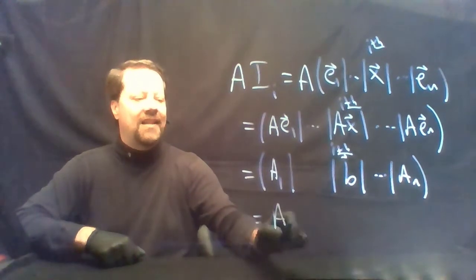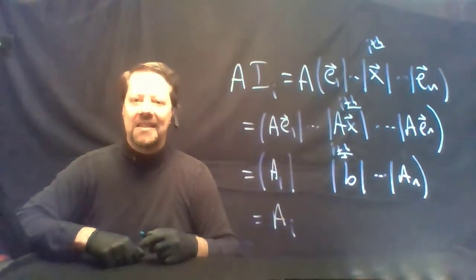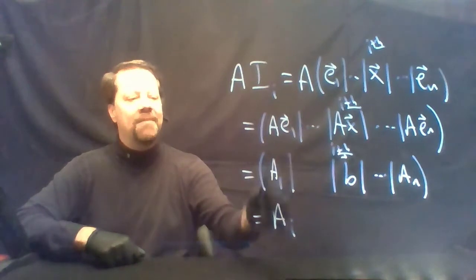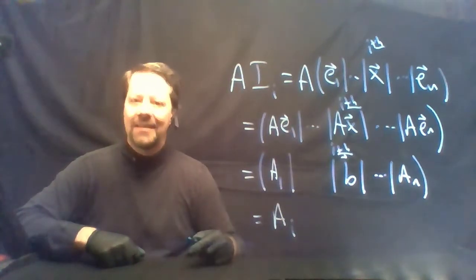This is A sub I in our notation in the statement of the problem, where you take the matrix A and replace the ith column by the right-hand sides.